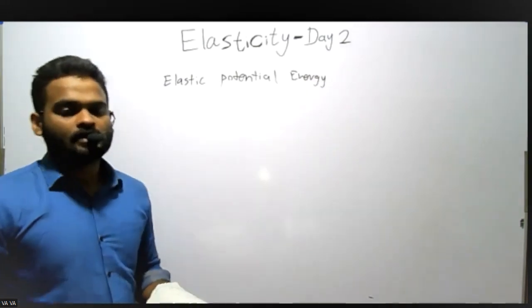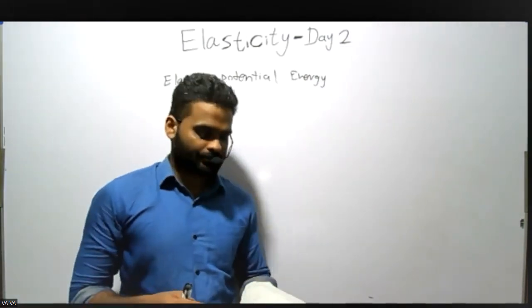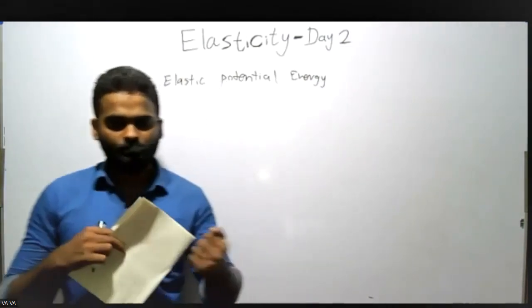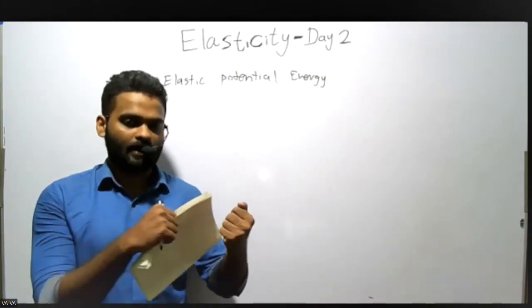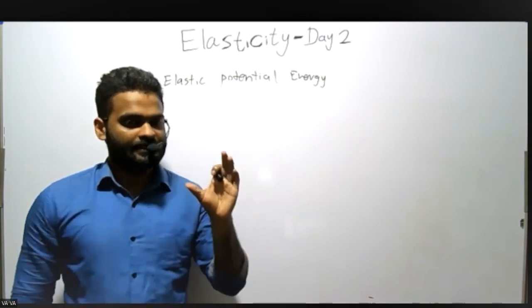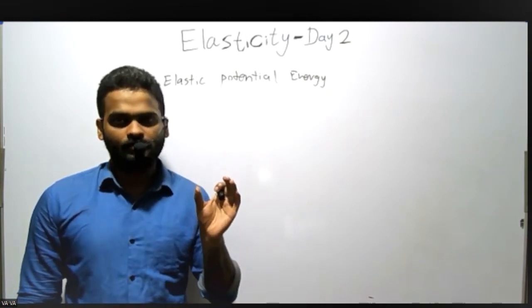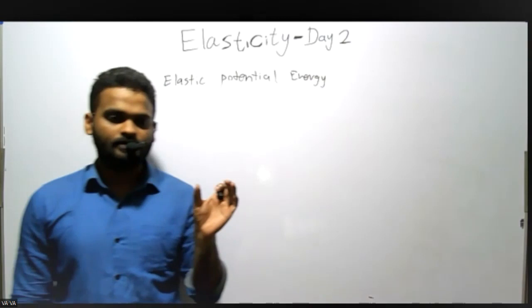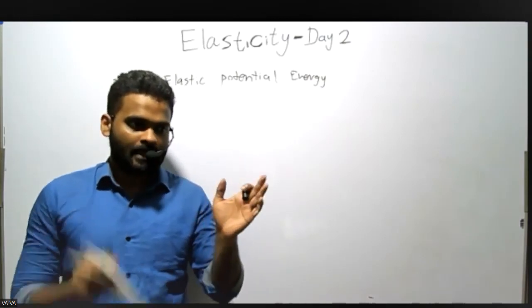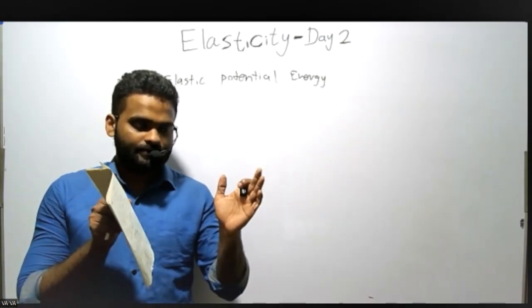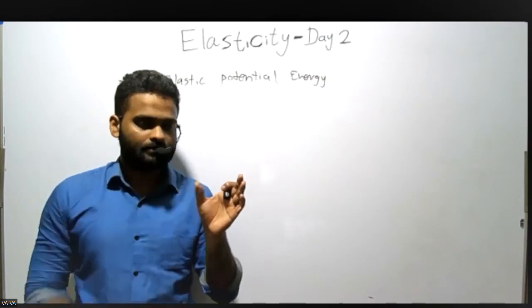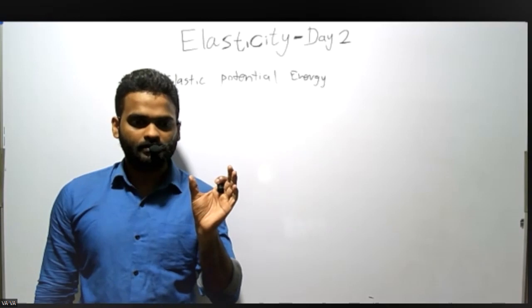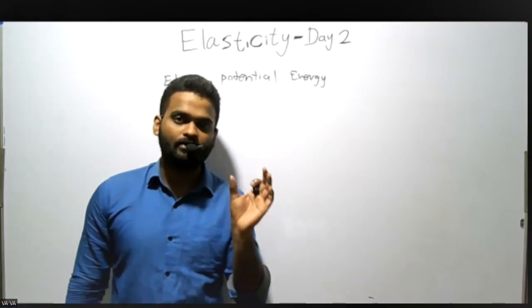Elastic potential energy is when you apply a force on an object, let's say a wire, and its shape changes. When you apply an external force, its shape changes, and that change of shape is stored as energy in that object.